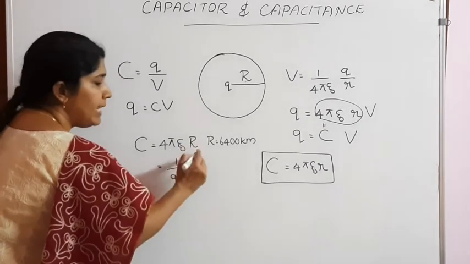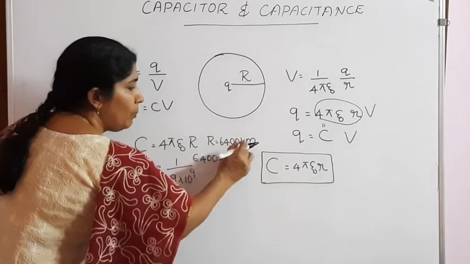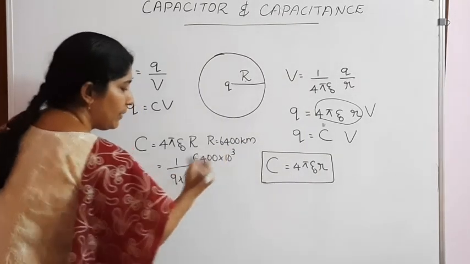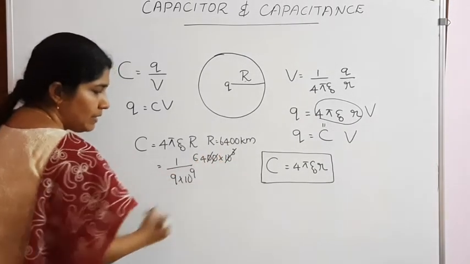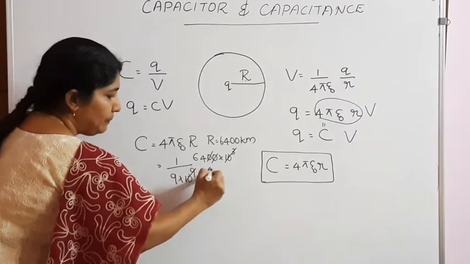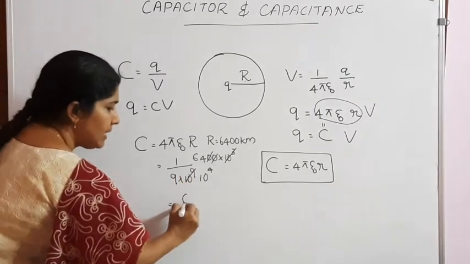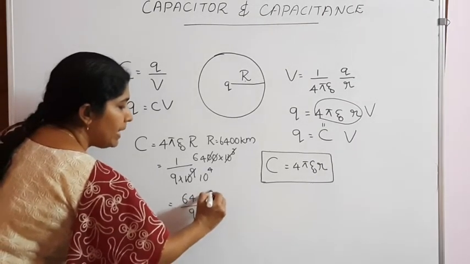Into the radius, 6,400 kilometers, and kilometer means 10 raised to 3. On cancelling these zeros, we get 10 raised to 4. That is 64 divided by 9 into 10 raised to 4.